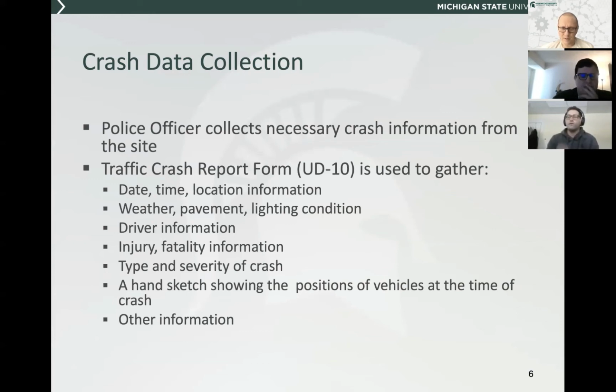And so if you've got a good diagram or narrative that describes the crash, like for example, trying to distinguish between an angle crash and a left turn head-on crash, those vehicles could end up colliding at a similar angle, but the causative factors are going to be markedly different in those cases, right? Running a red light versus looking for a gap in traffic in the opposing direction. You'd think of different countermeasures there. And so those are a few of the potential limitations.